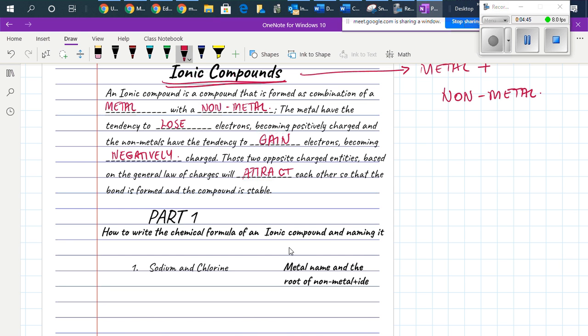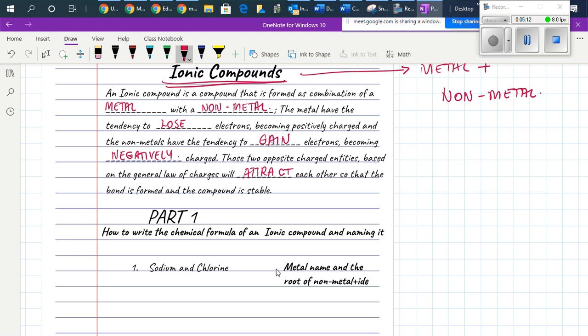Now, the first part will deal with the elements that are single valent, like lithium, beryllium, sodium, magnesium, calcium, potassium, aluminum, gallium, zinc, germanium, and so on, that have only one number below the atomic mass.